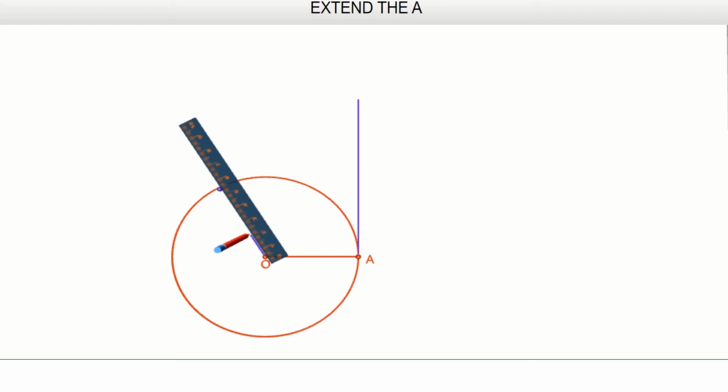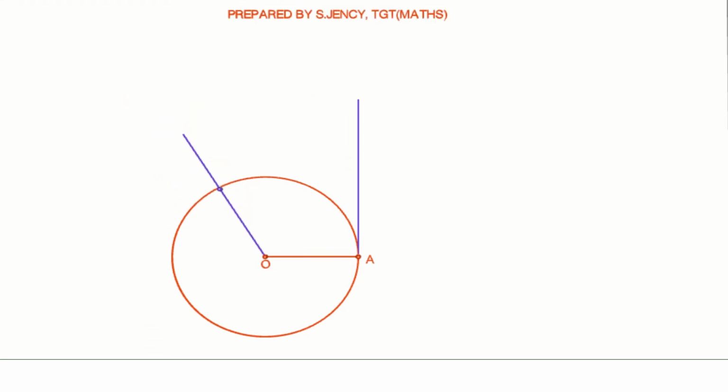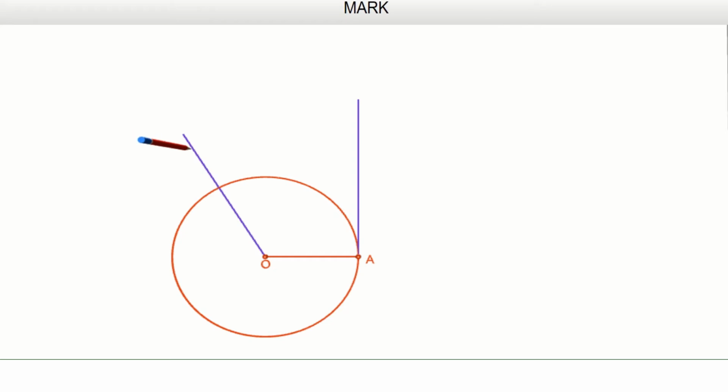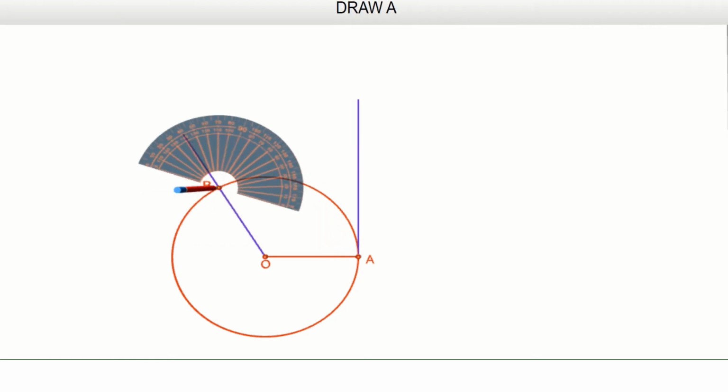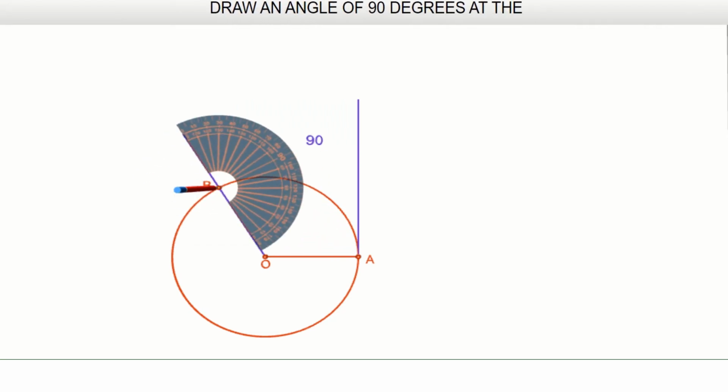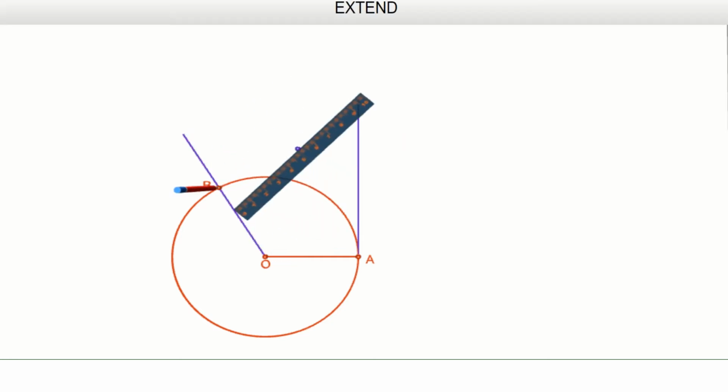From O we are going to draw 120 degrees. Why 120 degrees? Overall it is 180 degrees, and here 60 degrees we have to incline, because of that. Next from B, 90 degrees we are drawing another line.